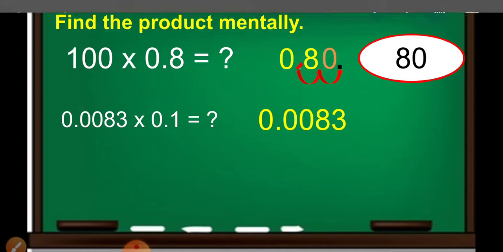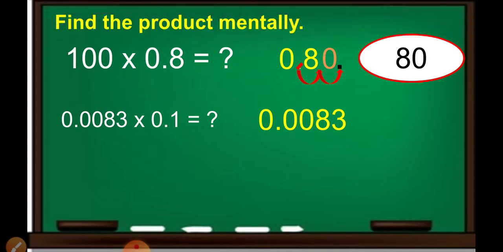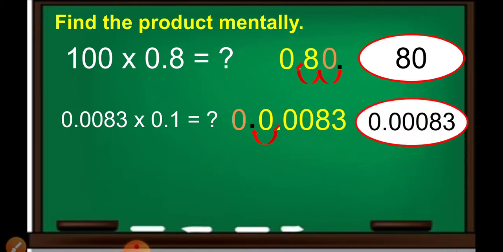So 1, and the decimal point will be transferred, and the given decimal point will be cancelled. And don't forget to write 0 in the ones place. And the final answer is 0.00083 or 83 hundred thousandths.